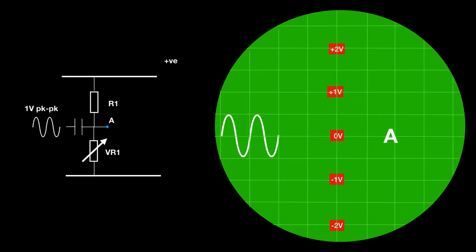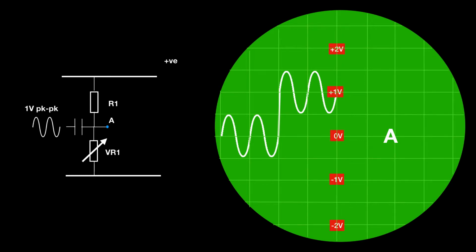If we now turn VR1 such that we have 1 volt DC level at point A, the signal will then swing to plus 1.5 volts and plus half a volt. So it'll swing between plus 1.5 volts back down to plus half a volt.